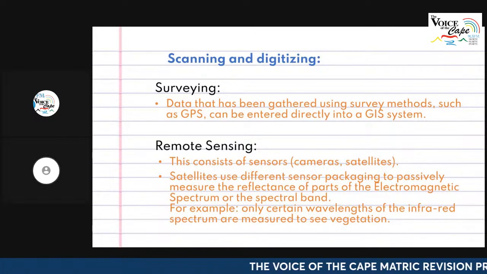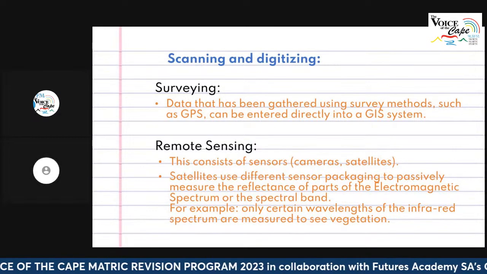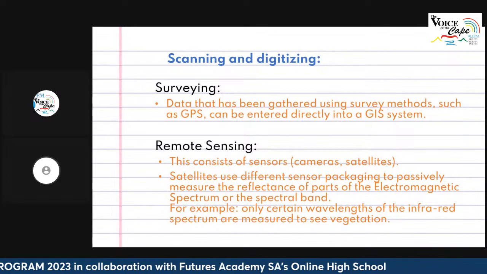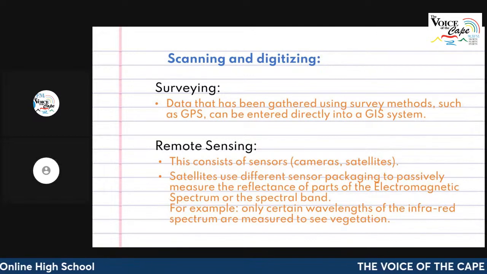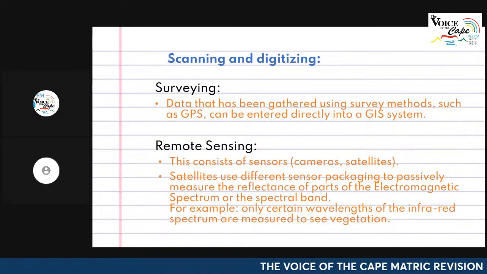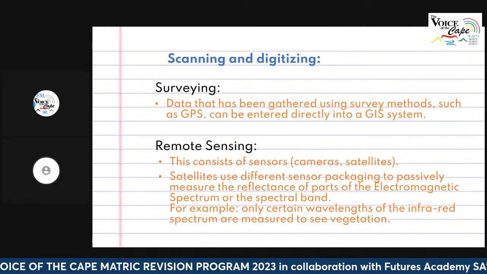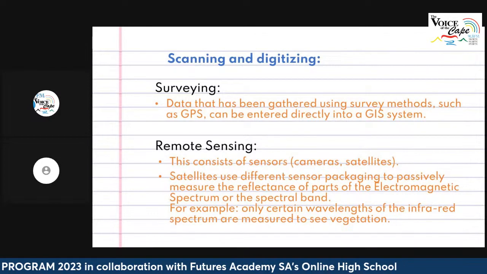So most often it is a camera, a satellite, a camera probably fixed at the belly of an aeroplane, or fixed on a hot air balloon. Satellites use different sensor packagings to passively measure the reflectance of part of the electromagnetic spectrum. So what we're saying is that these remote sensors measure parts of the electromagnetic spectrum.